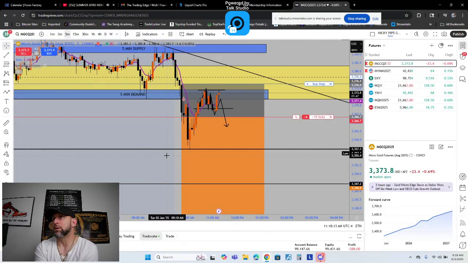If it breaks out of that consolidation to the upside, then yeah, I'll definitely get stopped out. We'll see how this 5-minute candle closes.